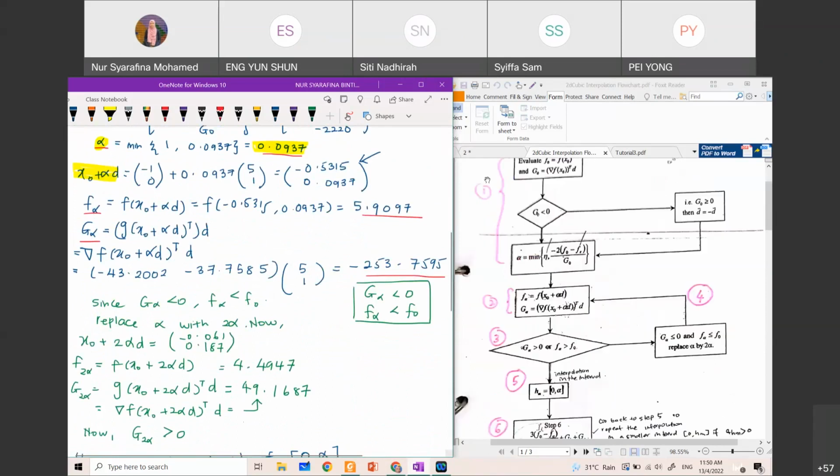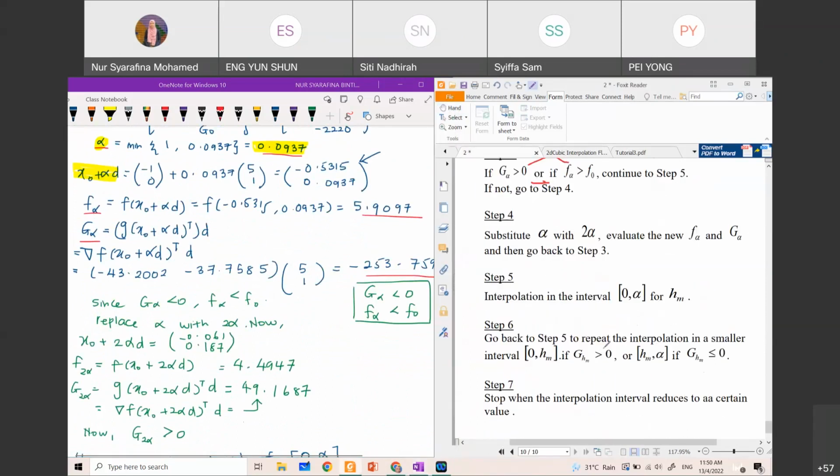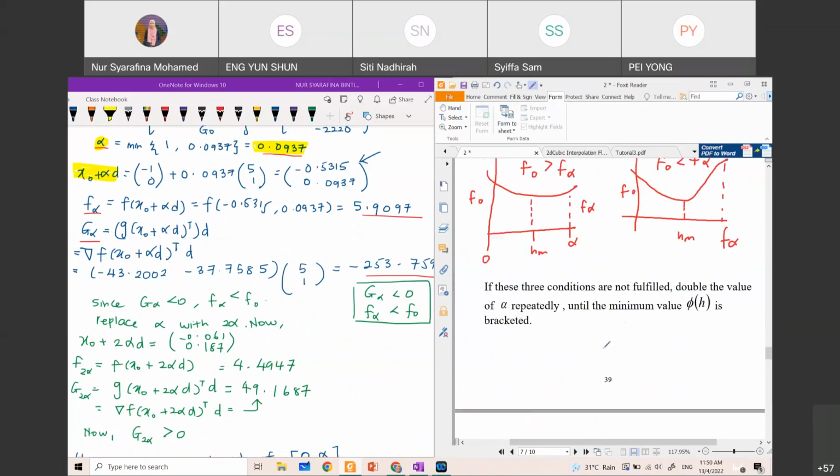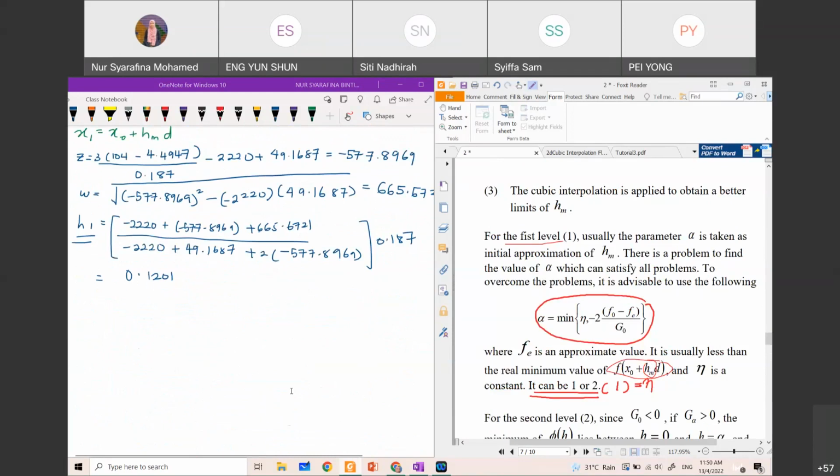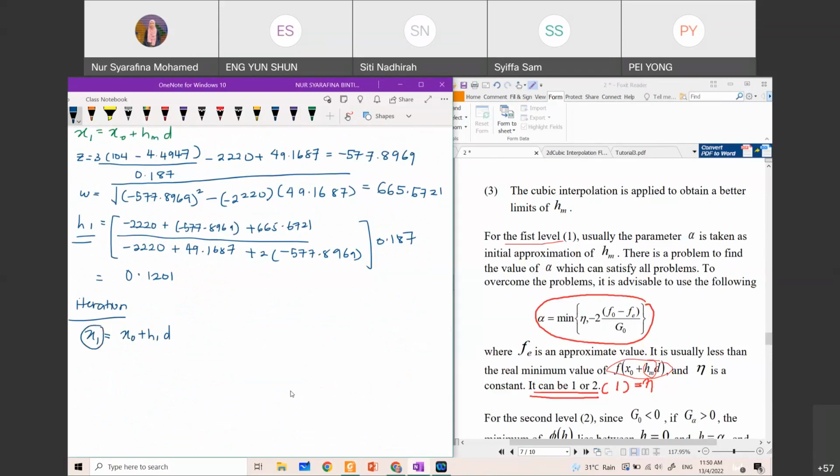Remember, in our first level we used alpha, but it is actually X naught plus HMD. So now you have your HM, which is your new H1. Then in the next iteration, your X1 equals X naught plus H1D. So this is your new iterate point, and your current X naught is still your X naught.